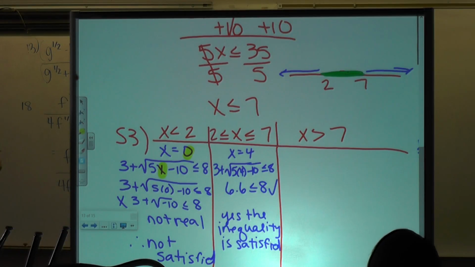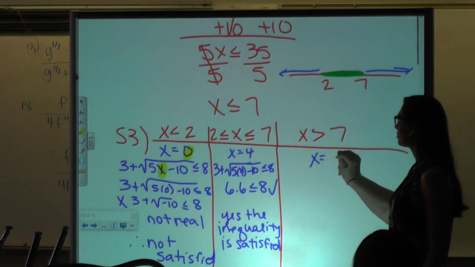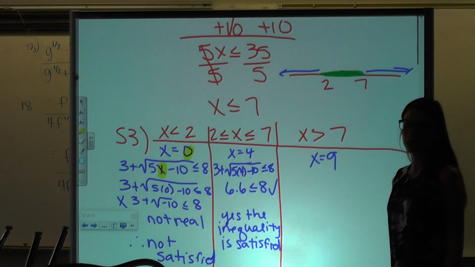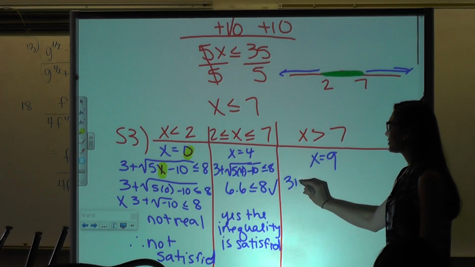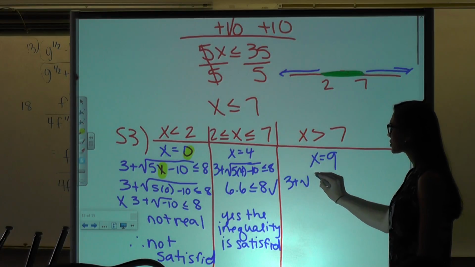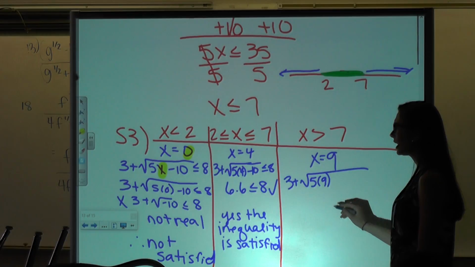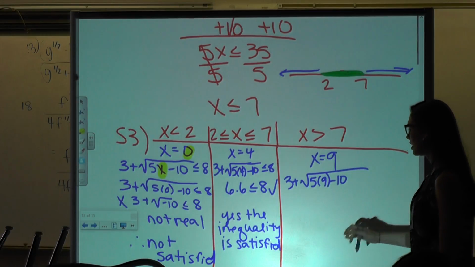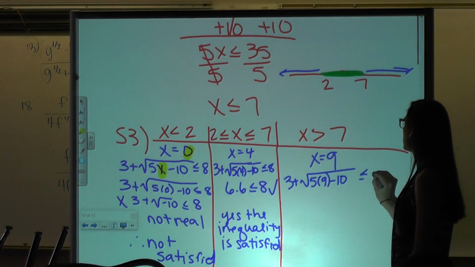I would just put no, yes, no, or whatever, or yes, yes, no, or however it works out. So then you have to pick something greater than 7. I'm just gonna pick x equals 9. Only reason why is because I saw it over there and I have to look. But you could have picked any number that you wanted to. So 3 plus the square root of 5, there was an x, so I plug in a 9, minus 10, and this is less than or equal to 8.